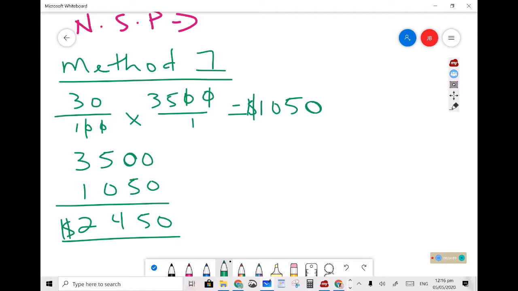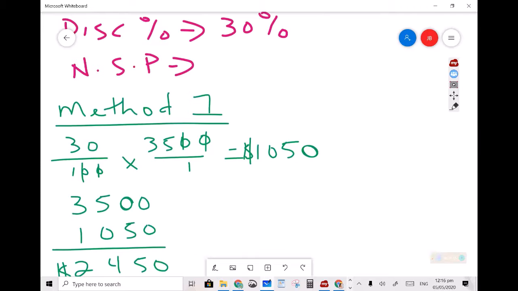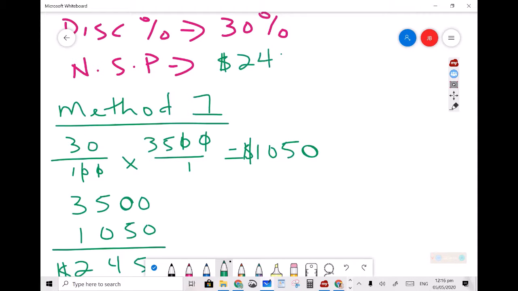Again, I'm reminding students that you take your time and you calculate your work, right? So we establish our new selling price would be $2,450.